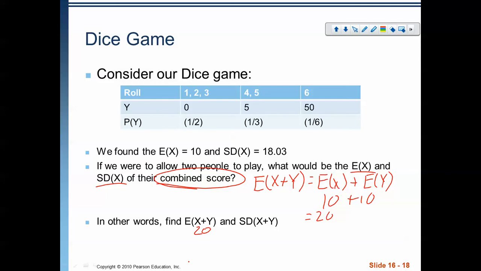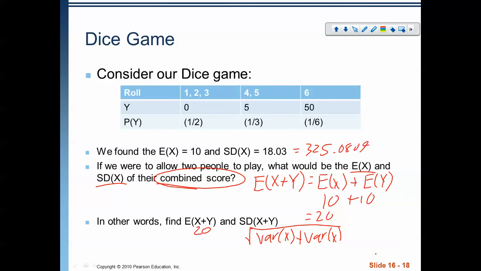The standard deviation, on the other hand, we've got to do a little bit more. Because remember, the variance of X plus Y is the variance of X plus the variance of Y. And then to find the standard deviation, I have to do the square root of that. So we need to convert to the variance, which we did on that previous problem. It was 325 point something. 325.0809.